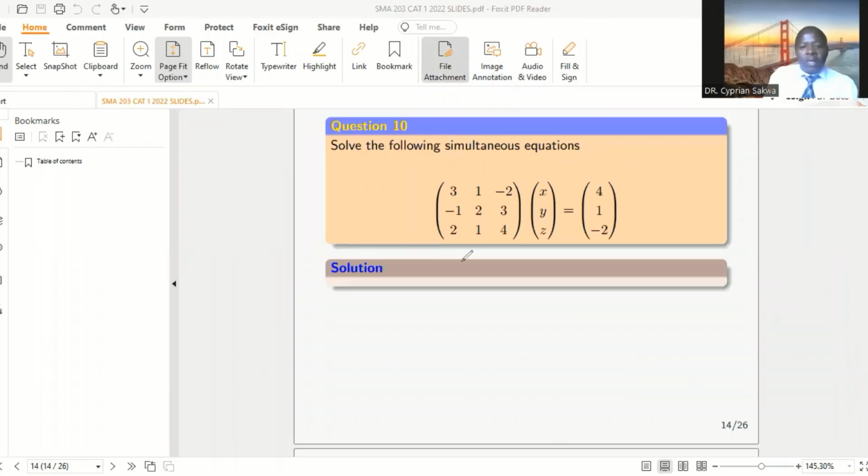We have so many methods of solving simultaneous equations, and I've shown all of them in my videos. One, you can reduce the system to echelon form, and this method is called Gaussian elimination. You can use Gaussian elimination.